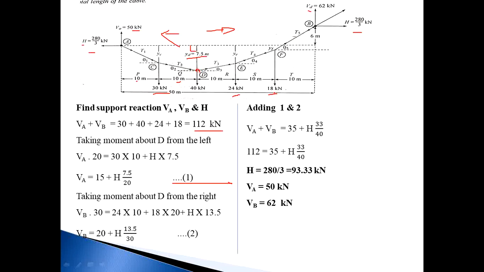Then for the 18 kilonewton with respect to D also clockwise, and for H the moment with respect to D is also clockwise, and for VB it will be anti-clockwise. So the 24, 18 and H plot on one side and VB plots on the other side.